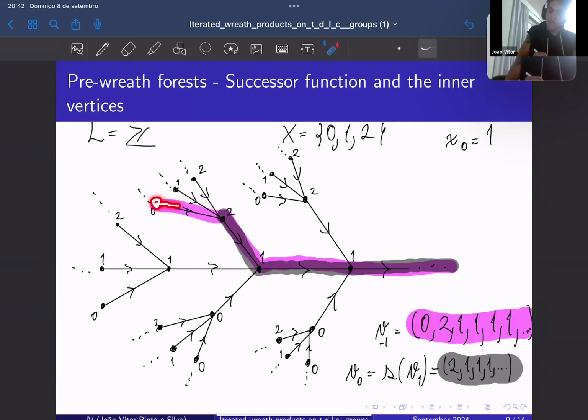So here I go through 0, then I go to 2, then I go to 1, and 1, and 1. In this case, I need to repeat 1 over and over again. So when I get to this middle line, this infinite line, I'm already stuck at 1. So instead of describing my vertices on this tree as just a node, I'm describing them as a function from the full line to my set X, and I'm just describing this function from a point onwards.